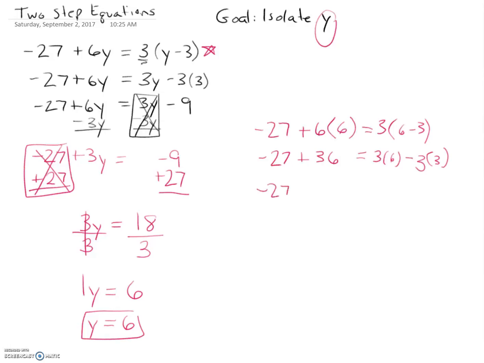So negative 27 plus 36. We could easily do that. I just want to make sure that you see the steps. Minus 9. So I just multiplied here. I get a positive 9. 36 is larger than the negative, and we're adding. And then equals 9, and we checked out. Reflexive property helps us to say, yeah, this is it. 6 is what y is equal to.